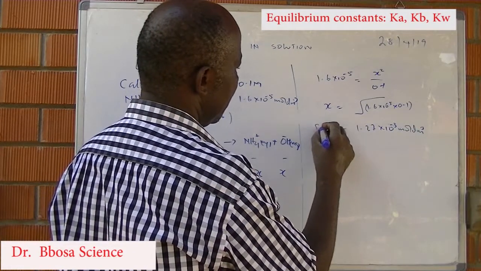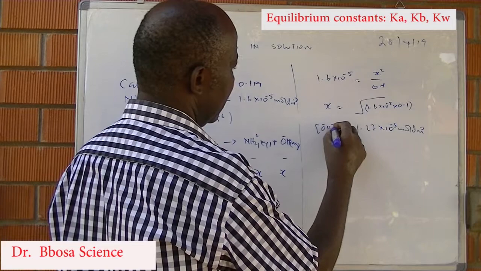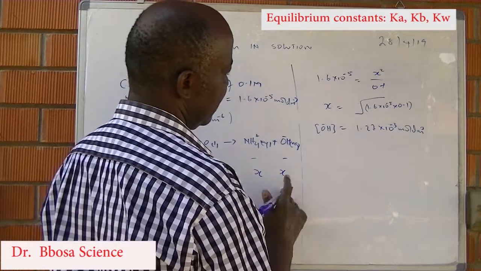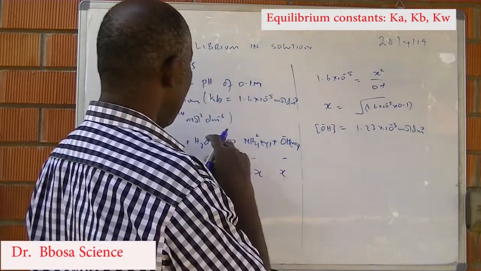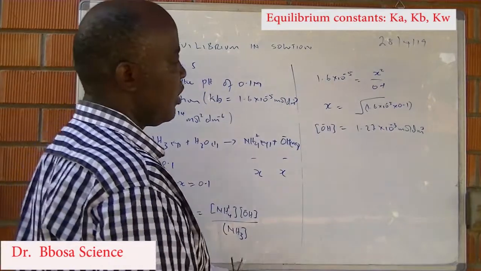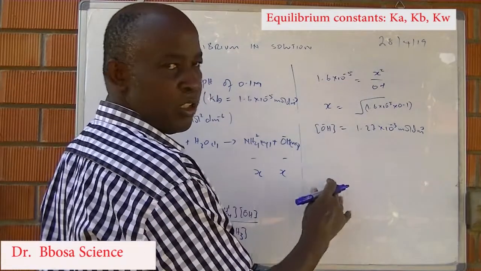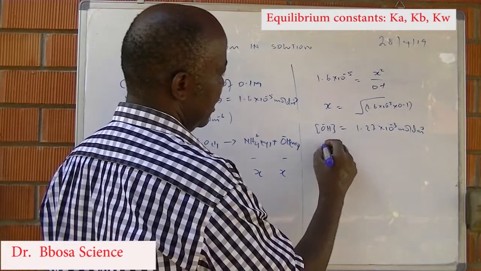And this is the same as hydroxide ion. X was hydroxide ion, but we want the pH. To get the pH, we must get the concentration of hydrogen ions.